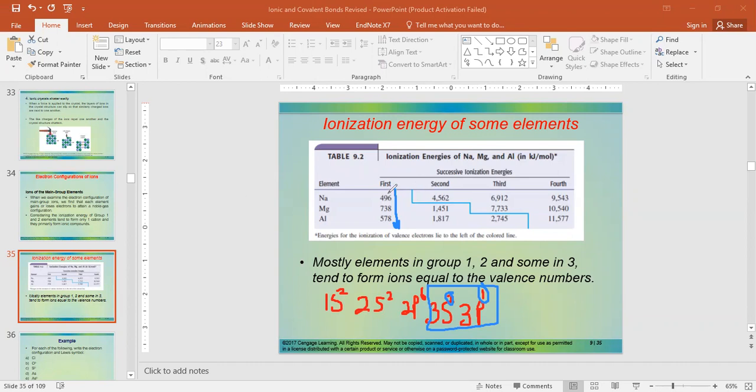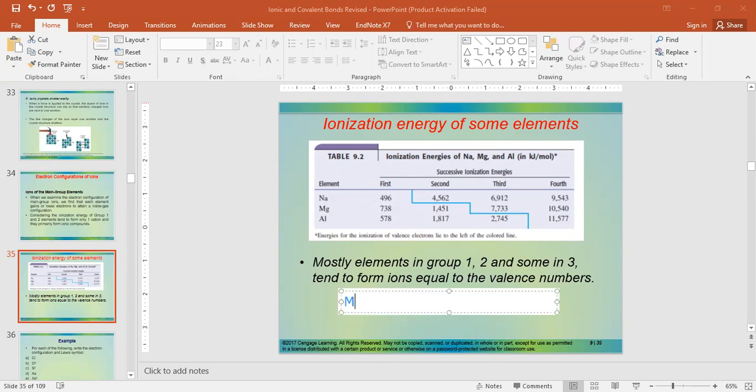This is 496 for sodium. This is 738 for magnesium, and then it lowers again for aluminium. Why? Let us compare magnesium and aluminium and ask ourselves how much energy will be required to remove the first electron. So let me again draw the electronic configurations of this.